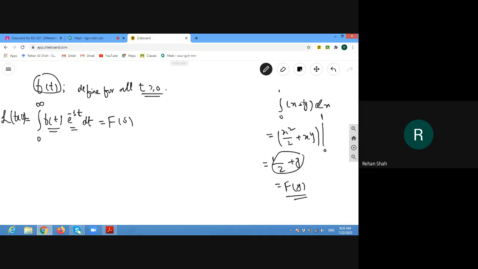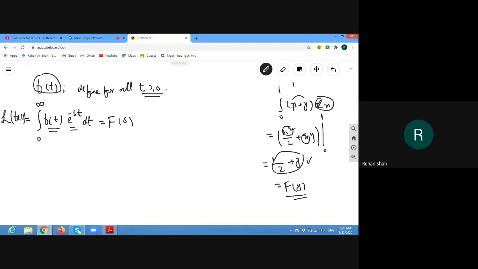So if you integrate a function which is dependent on x and y, and you are integrating with respect to x, the limit 0 to 1 is for x. So this x will be removed due to this limit, and the function will become a function of y.